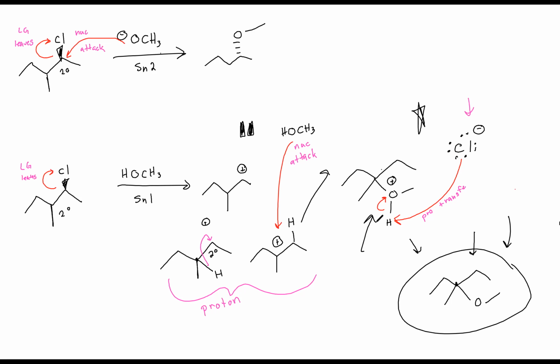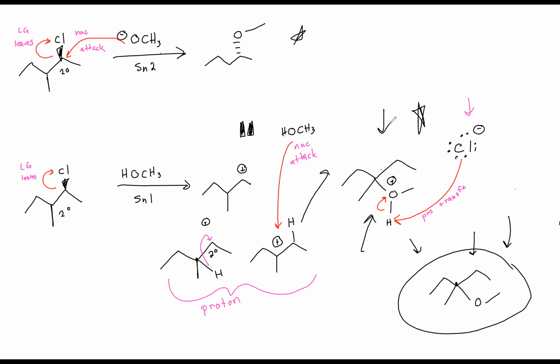Okay? So we can see here, Sn2 is very simple. All we do is a leaving group leaving and a nucleophilic attack. Whereas Sn1, we can have our leaving group leave, we can have a proton transfer, we have a nucleophilic attack, followed by another proton transfer. So Sn1 is the more complicated version. So just keep in mind, proton transfer occurs at almost every end of Sn1 reaction.